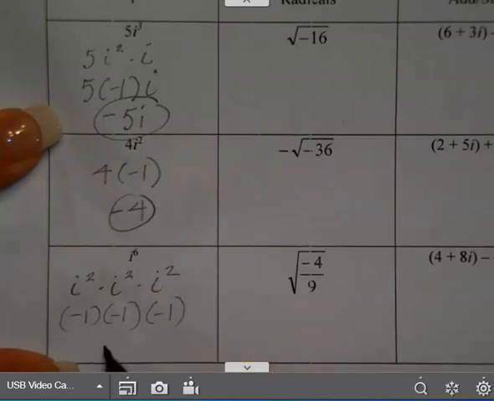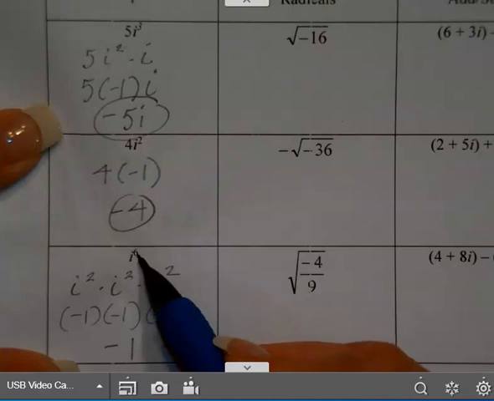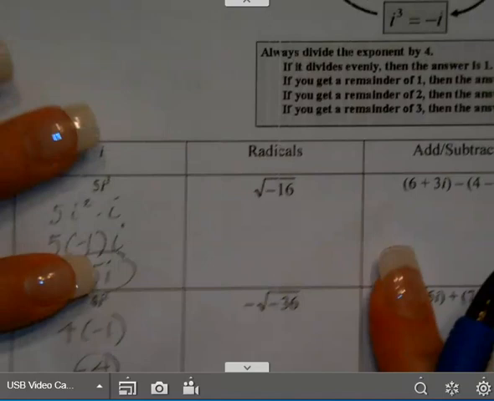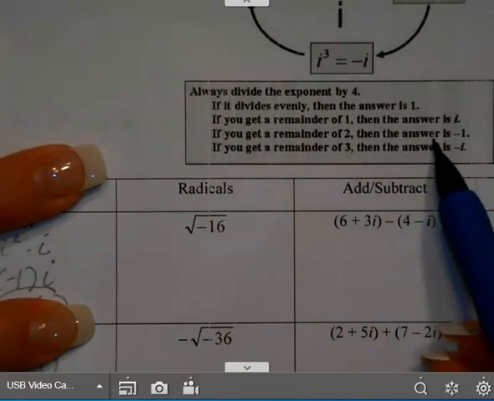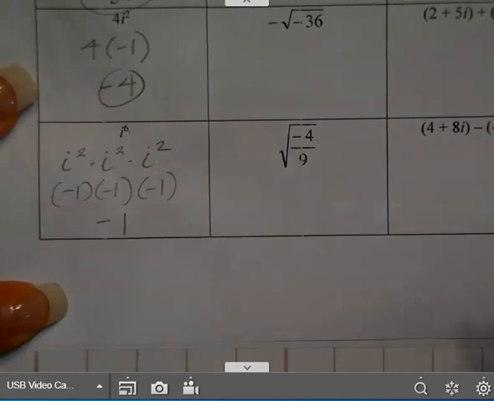And so that gives you -1. Or if you just want to look at 4 goes into 6, and that'll have a remainder of 2. You can look up here at your chart, and if you have a remainder of 2, the answer is -1. But that one's not too far in the future that you could just write it in terms of i squared.